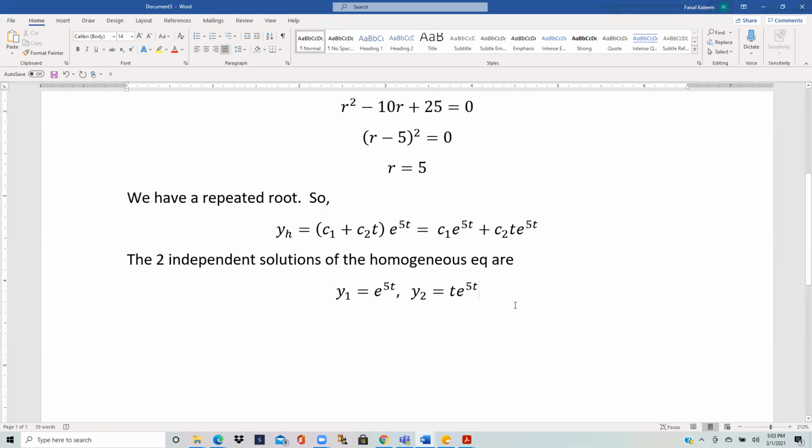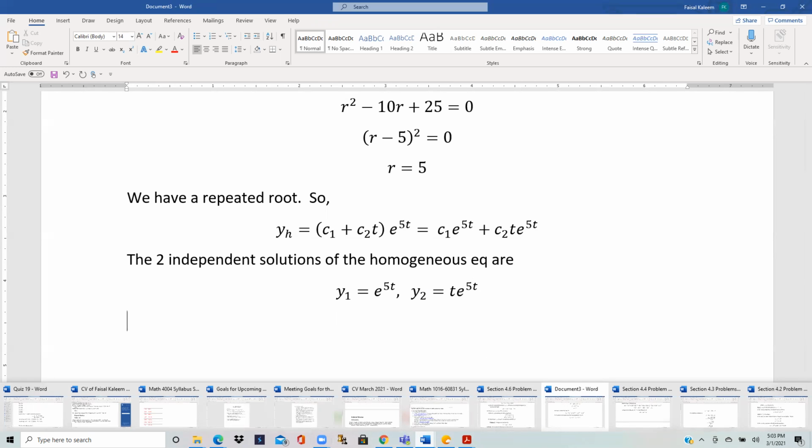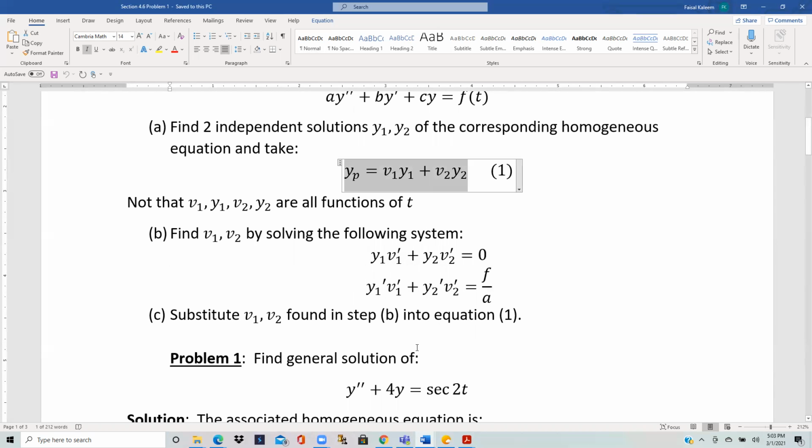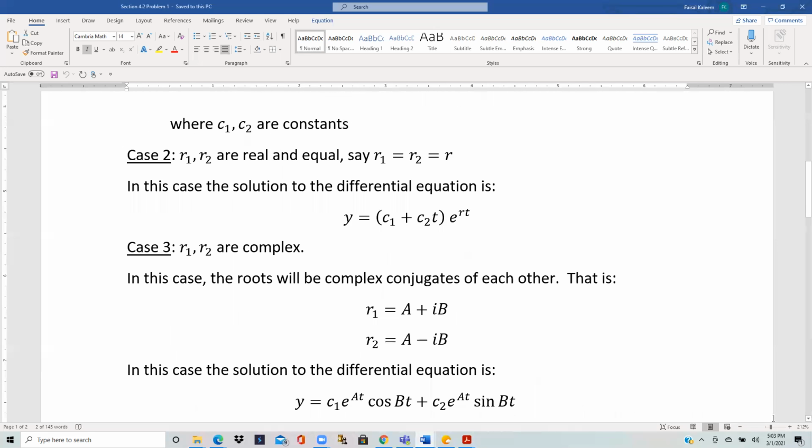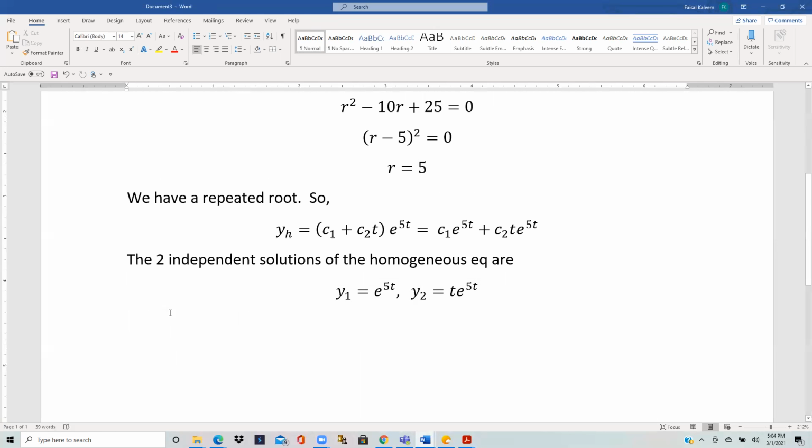Once we have that, we write the particular solution according to the method of variation of parameters. yp will be v1 y1 plus v2 y2.